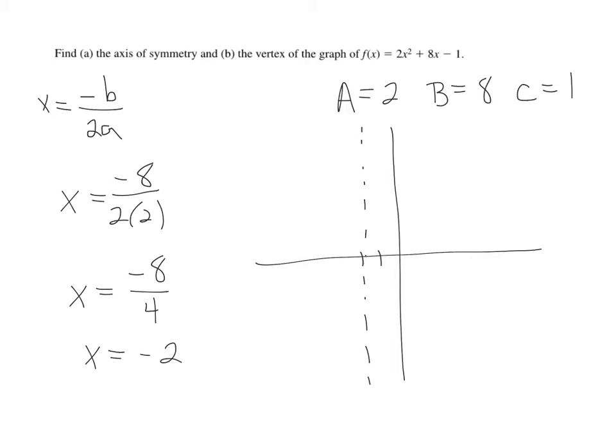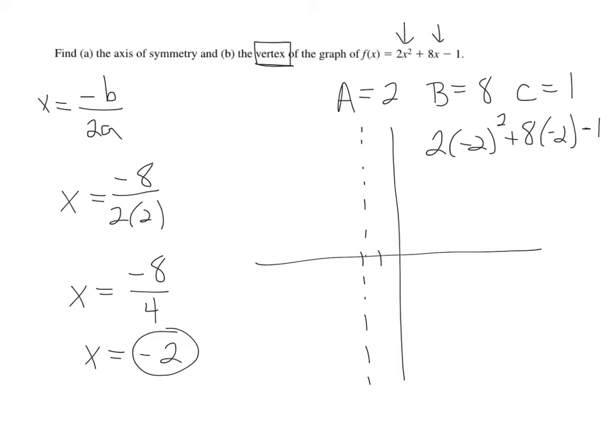But to find where the vertex is, we need to plug in -2 any place that we see x in the equation. So I'm going to do it over here. I'm going to have 2 times -2 squared plus 8 times -2 minus 1.